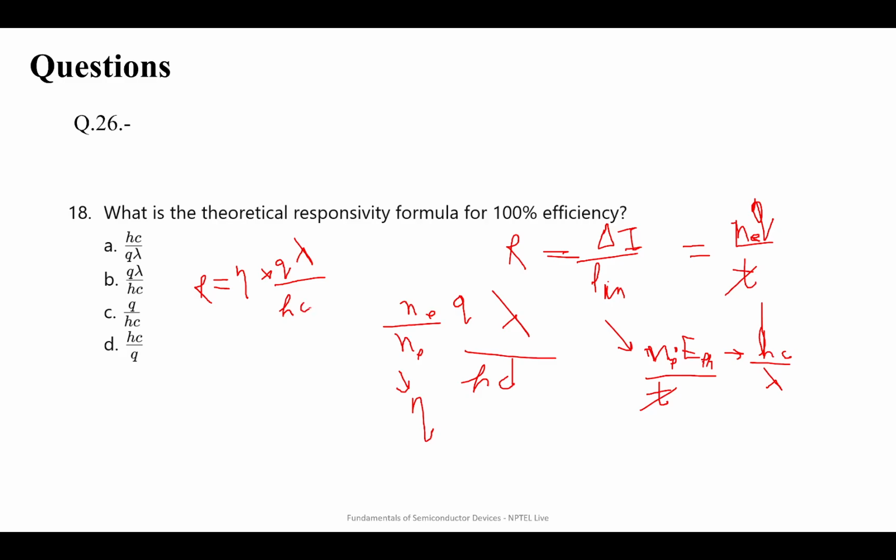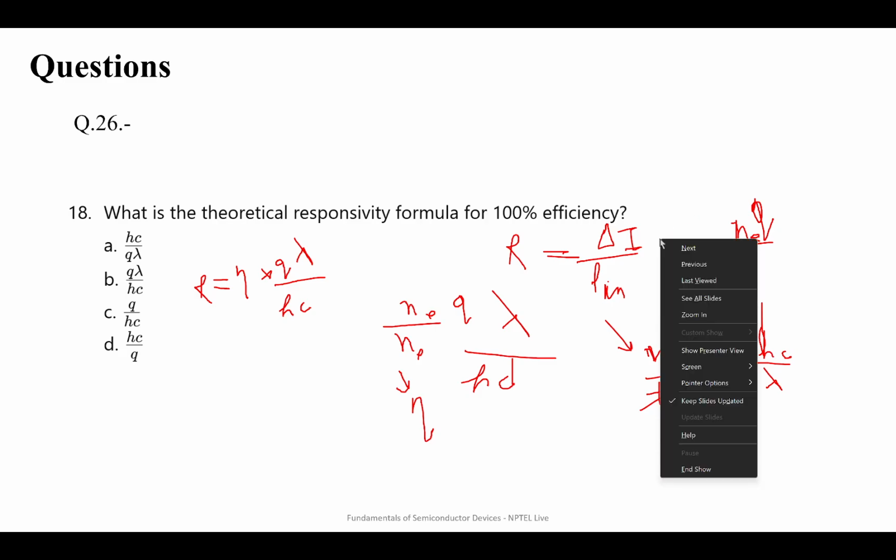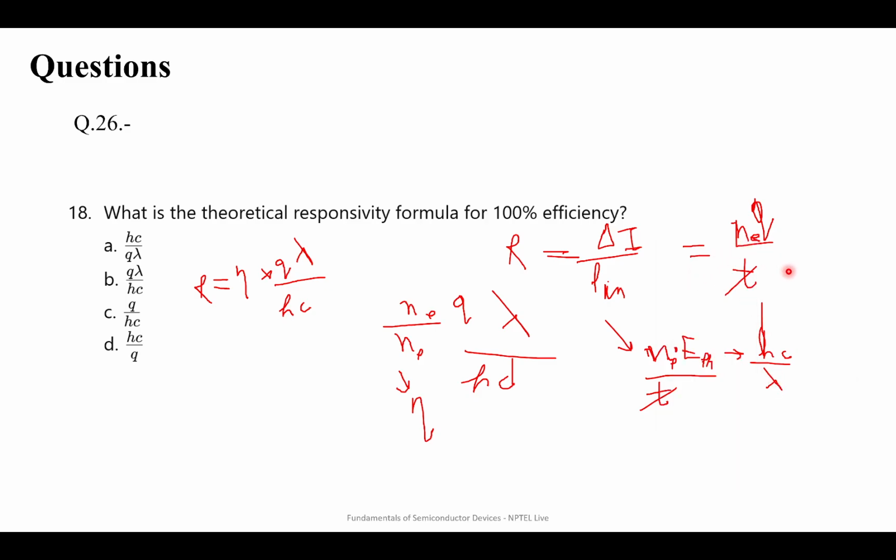Got it, sir? Sir, first you write that R equals delta I by P in, then sir, delta I you change to the electron-hole pairs generated times q by t, because my change in current will be the number of electron-hole pairs generated, right?